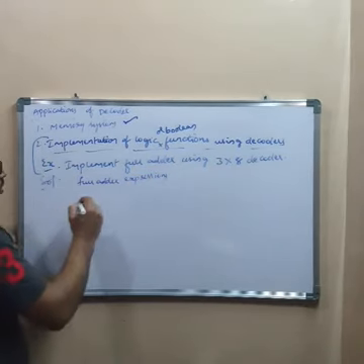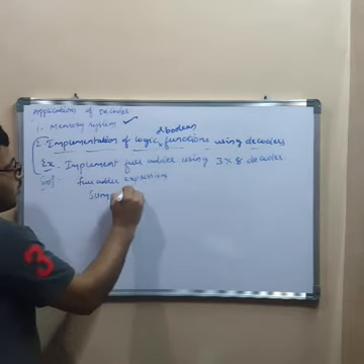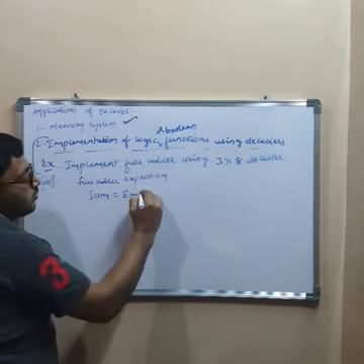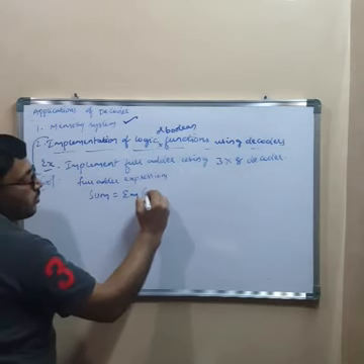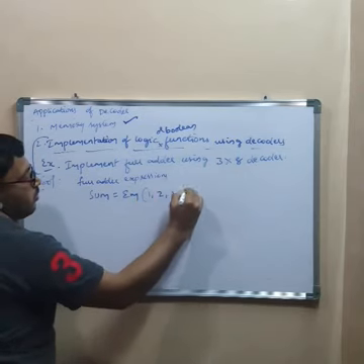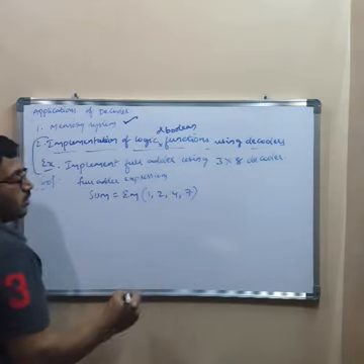Solution. Sum is equal to summation of minterms 1, 2, 4, 7, right?